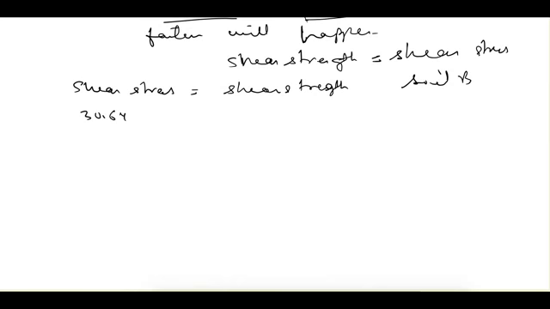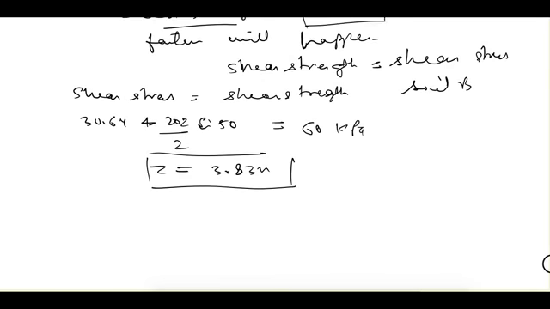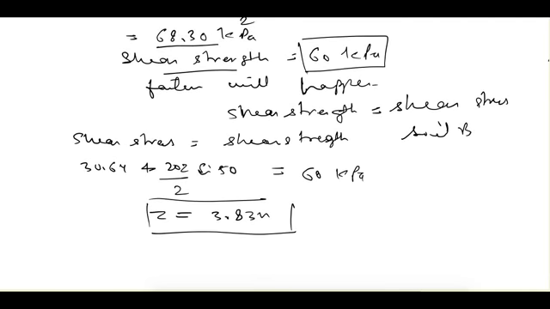For the next part, we write gamma z by 2 sine 2 beta. Here gamma is 20, Z we keep as Z, by 2 sine 50, and it is equal to 60 kPa. From here Z comes out to be 3.83 meters. That is the depth at which shear strength becomes equal to shear stress.